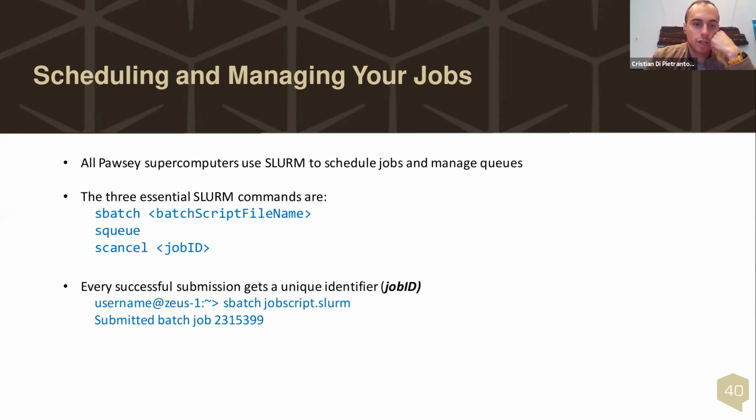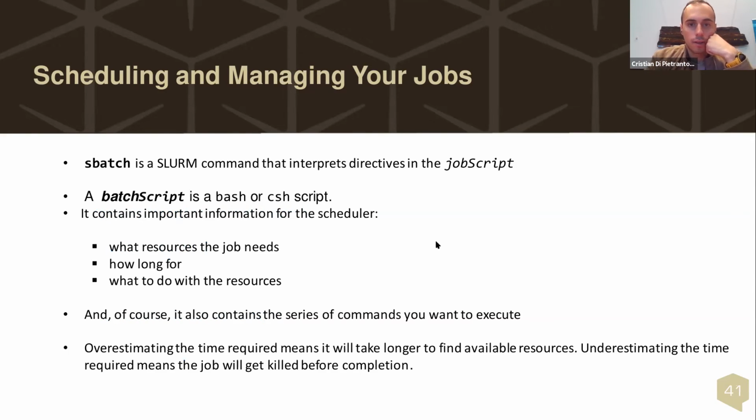As I said, once you submit the job, you have a unique identifier for the job so that you can query information about the job. You specify a job using a script, which is a bash script typically, or a csh script. But we advise using bash.